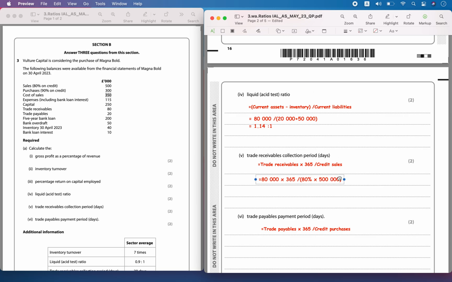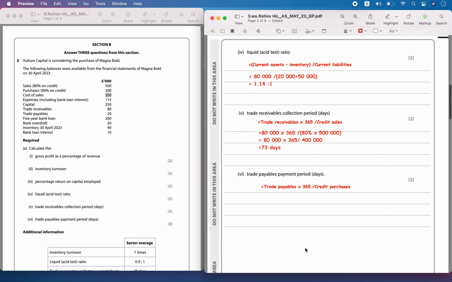So this value is 80,000 times 365 divided by 80 percent of 500, which is 400,000. That is equal to 73 days.